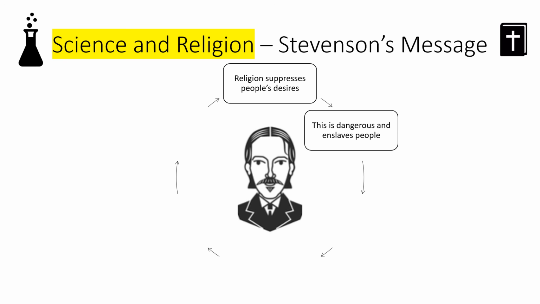This is a dangerous reach that religion has, to reach into your life and to suppress, to stop you from doing the things that you want to do, because it creates people who are essentially slaves. That motif again of prisons, incarceration, confinement, it's enslaving people.